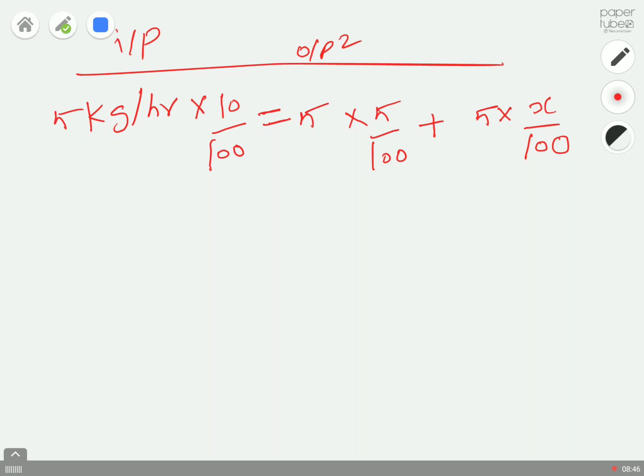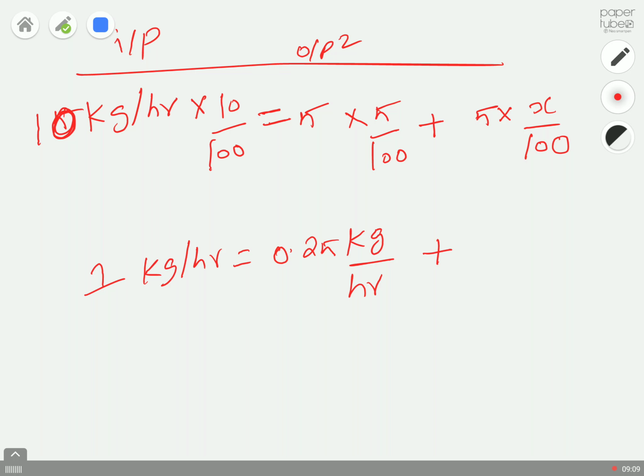So what is this value? You have 10 kgs that goes inside, so this is 1 kg per hour, equal to 0.25 kg per hour plus 5 x by 100. So x is something that we need to find. So 1 minus 0.25 is equal to 5x by 100.